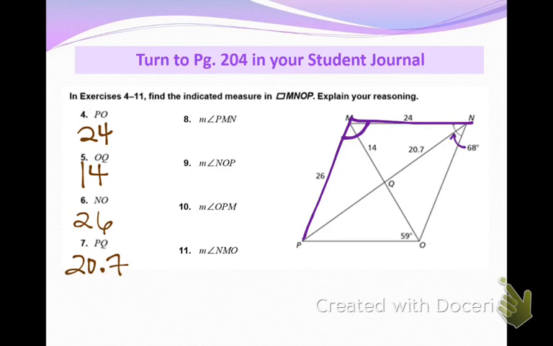But you can look at 68 degrees. It's right next door, which makes them consecutive. What do you know about consecutive angles? They're supplementary. So you take 180 and you subtract 68. Because they add up to 180, you take away 68 from 180, you get 112. So 112.